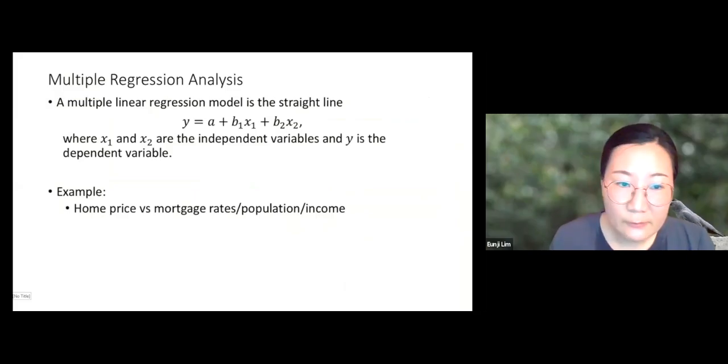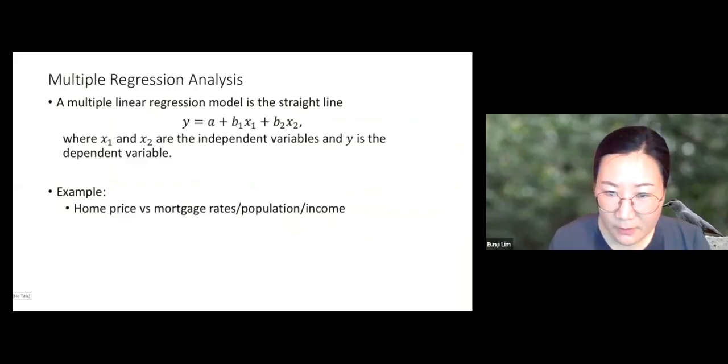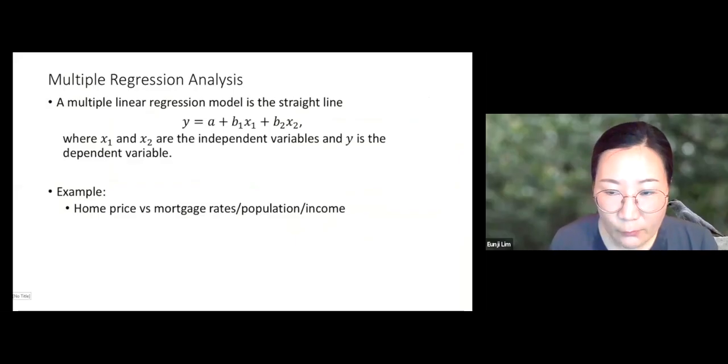Now, the next comment I want to make is about multiple regression analysis. So far, we talked about the simple regression method, where we have only one X variable. Y depends on only one factor. But in many cases, Y depends on many factors. If that's the case, we'll need to use more than one X variable, more than one independent variable.